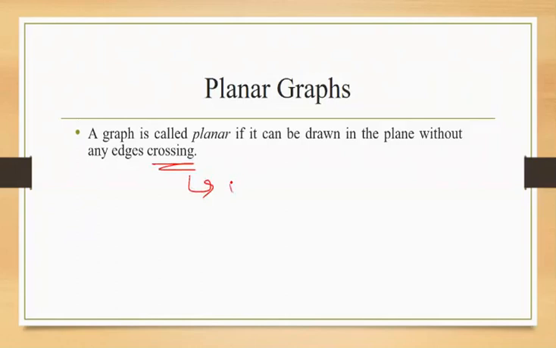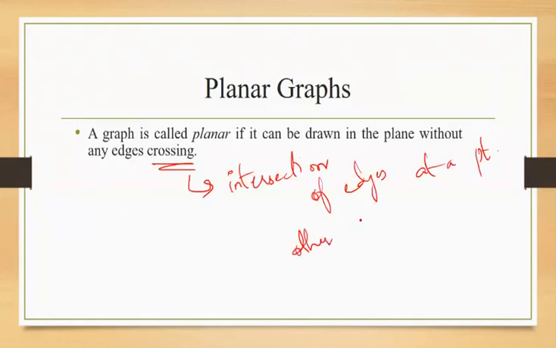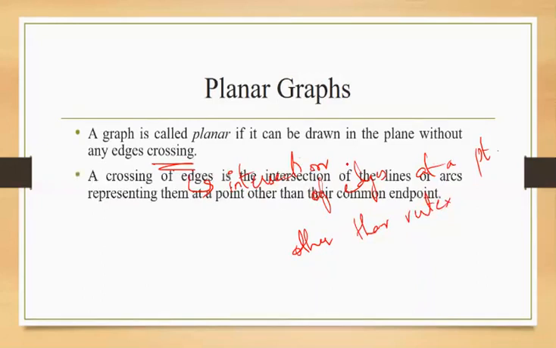If two edges intersect, that is, the intersection of the edges or lines or arcs representing them at a point other than the vertex. At a vertex obviously they will meet, but if they meet somewhere other than the vertex, then that is called a crossing. So this kind of intersection should not occur in a planar graph.